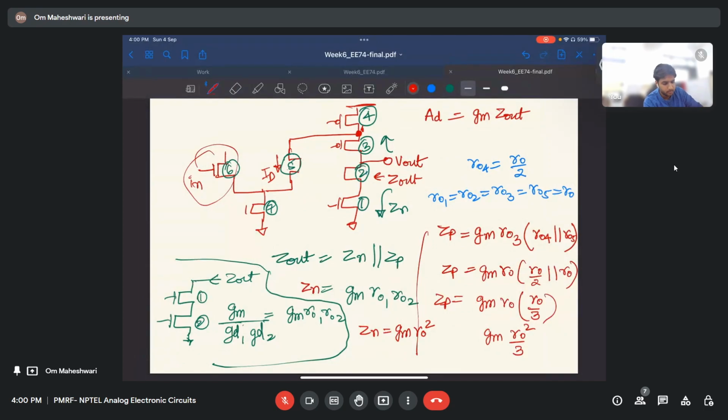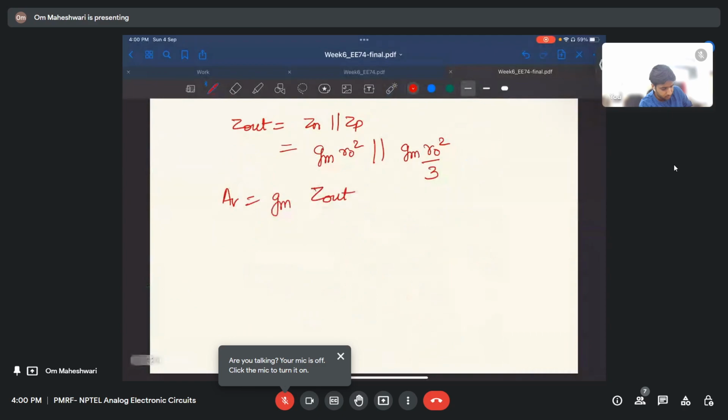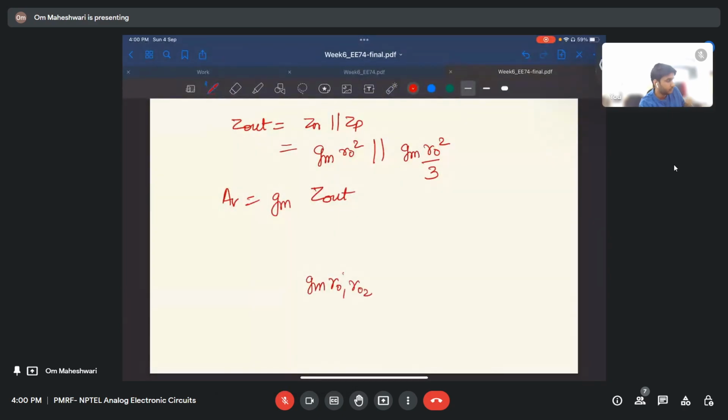Looking into the source, we should again have RO1 plus RO2 impedance. Are you talking about GMB? Yes, sir, exactly. You're right, I have just ignored it. You are correct. So it will be Gm RO squared RO2 plus RO1 plus RO2.